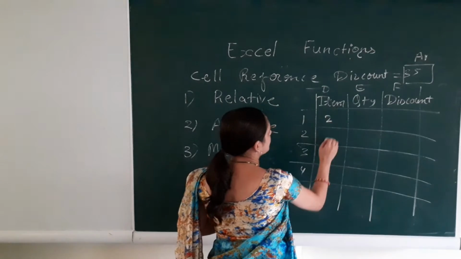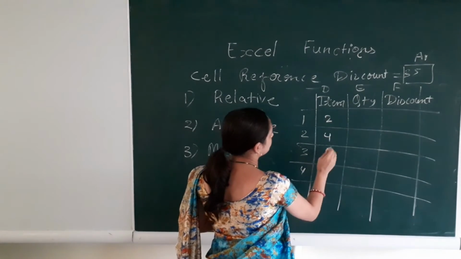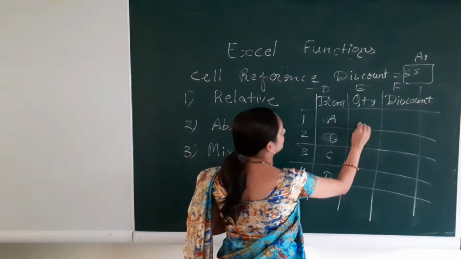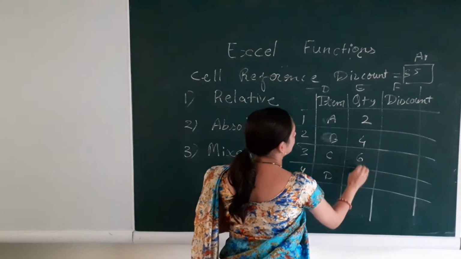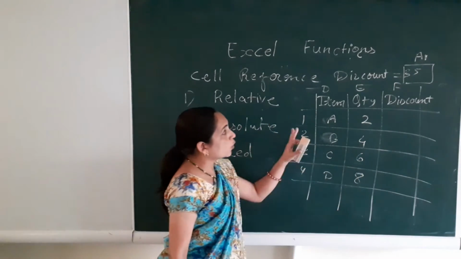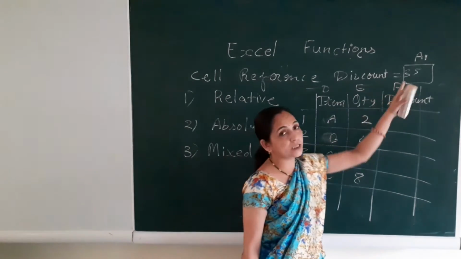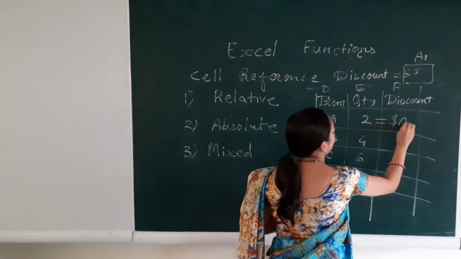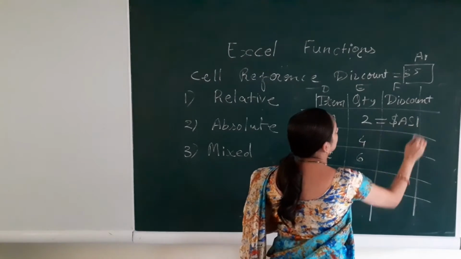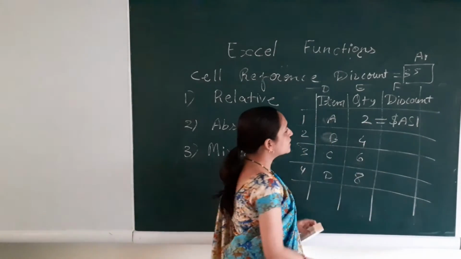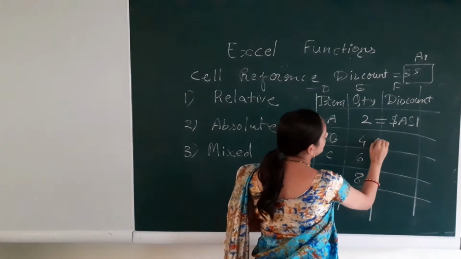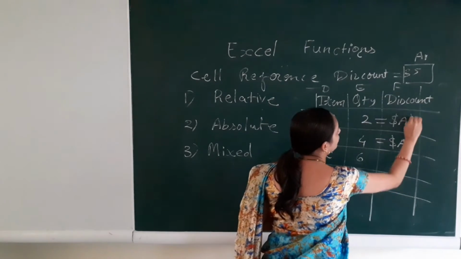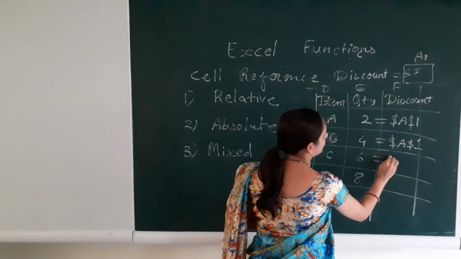So I want to apply on this data, and for all I want to apply this data. So absolute cell reference you will denote by $A$1. If you copy this formula or this cell reference, it will remain the same everywhere. So this is the example of absolute cell reference.